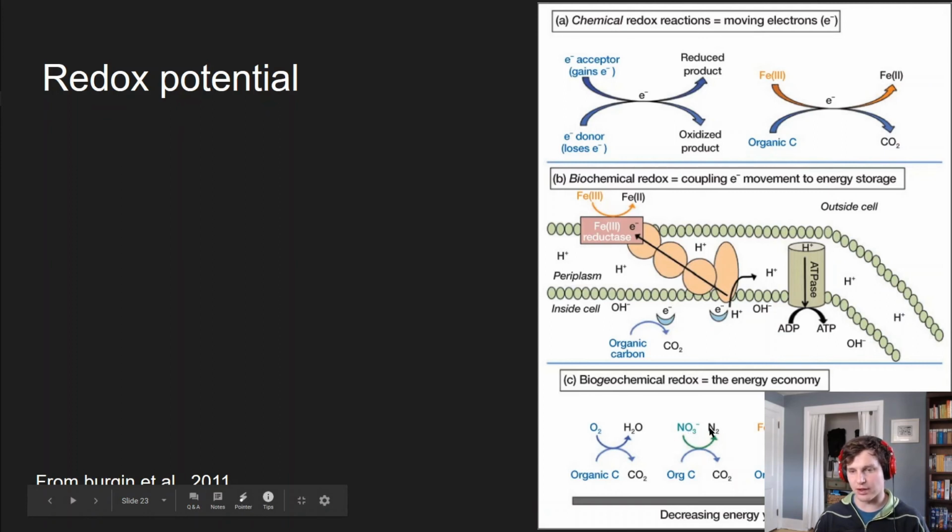Then once you're done with all the nitrate and there's none left, now you might start to reduce the iron. So you just go down this redox ladder, and you get decreasing energy yields. That's really important because this sets up what reactions are available. If you're at a wastewater treatment plant, you really want to make this denitrification reaction happen, so that means you have to get rid of all the oxygen.